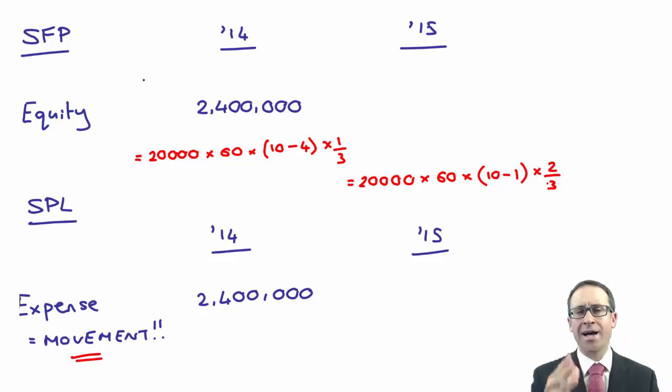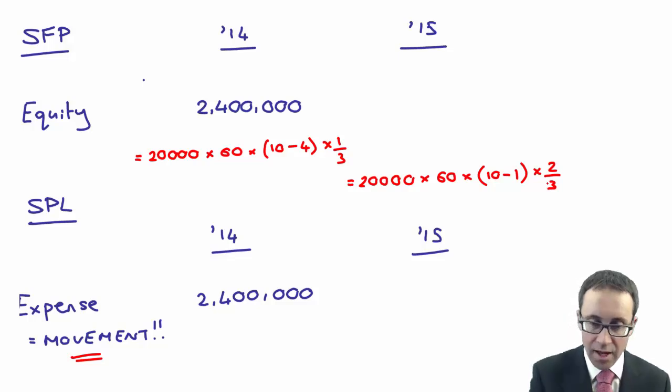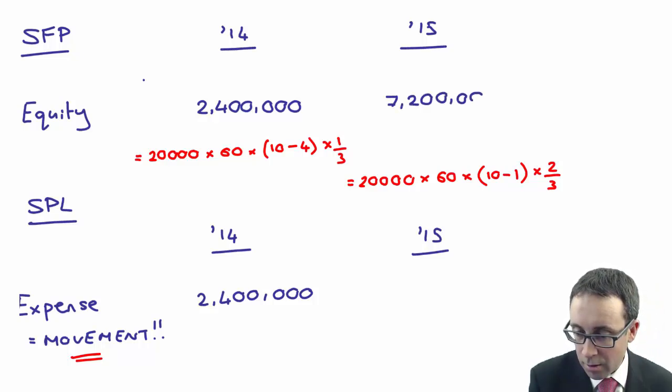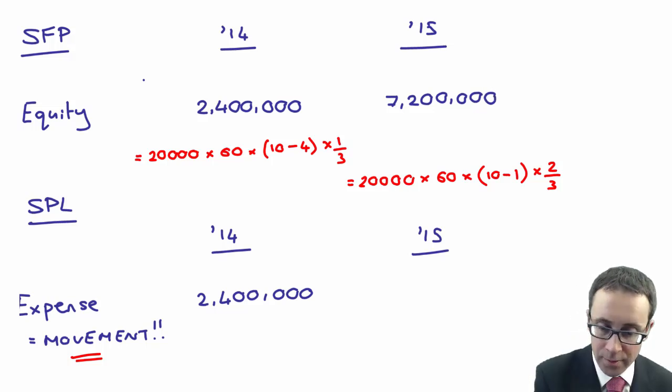We're on the SFP, so as at this point in time, we're at the end of the second of the 3 years. So multiply by 2/3. That should give you an equity figure of 7.2 million.